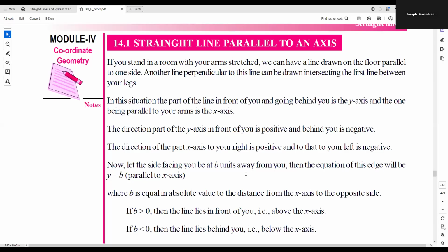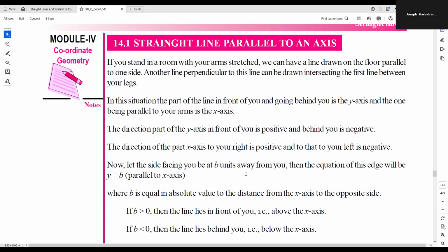Now we see here straight lines which are parallel to an axis. The equation of a straight line parallel to the x-axis is given by y is equal to b, where b is a constant, a fixed number of units, may refer to centimeters or some units, and it maintains a constant distance from the x-axis, either on the positive direction of the y-axis or into the negative, above or below.